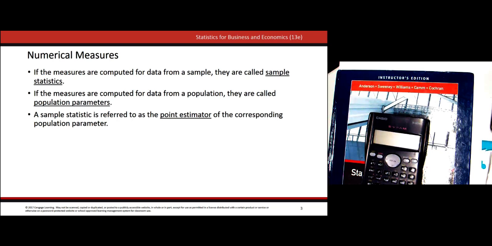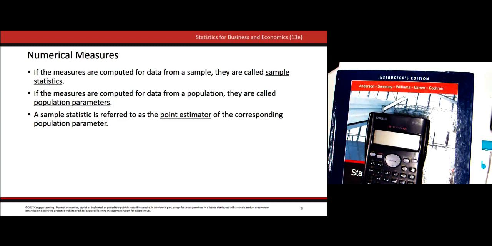If the measures are calculated for data from a population, they are called population parameters. Since populations are usually large, you can't exactly calculate the population parameters for most cases. In that case, you select a subset of the population, a sample, and calculate sample statistics to estimate a corresponding population parameter.